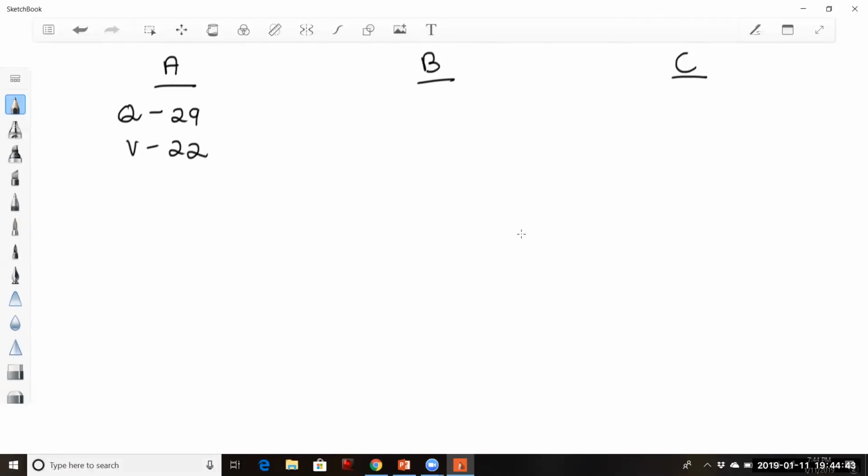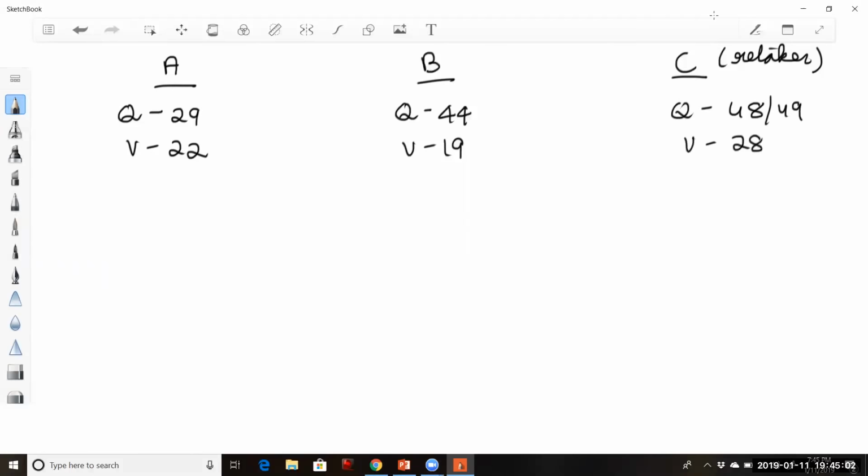Say student B comes to me and says, I have a quant 44, a verbal 19. And student C, maybe we can classify these as retakers, comes to me and says, I have a quant 48 or 49, and a verbal 28.